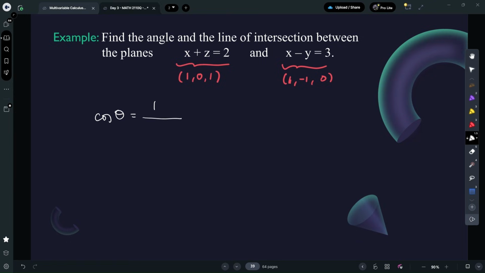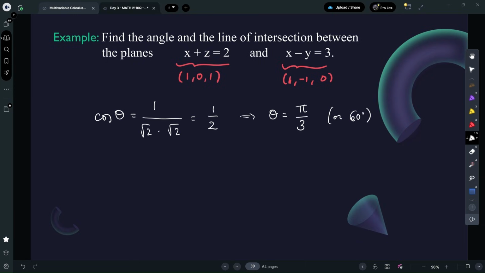The length of 1, 0, 1 is the square root of 1 squared plus 1 squared, so it's the square root of 2. The length of 1, minus 1, 0 is also the square root of 2, so the cosine is a half. And what angle has cosine of a half? It is the angle whose sine is the square root of 3 over 2, and the cosine is a half. So theta in this case is 60 degrees, or pi divided by 3.